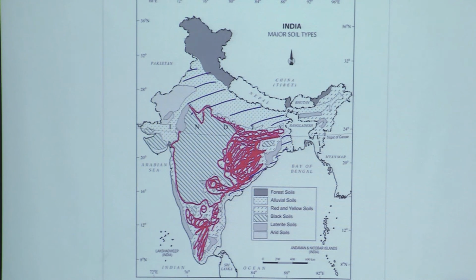Coastal plains, alluvial soil, we have already learned it. Which type of soil is this? This soil type is called black soil, we have learned it. So, basically, where is my red yellow soil? Red yellow soil is encircling black soil and is in between black and alluvial soil.